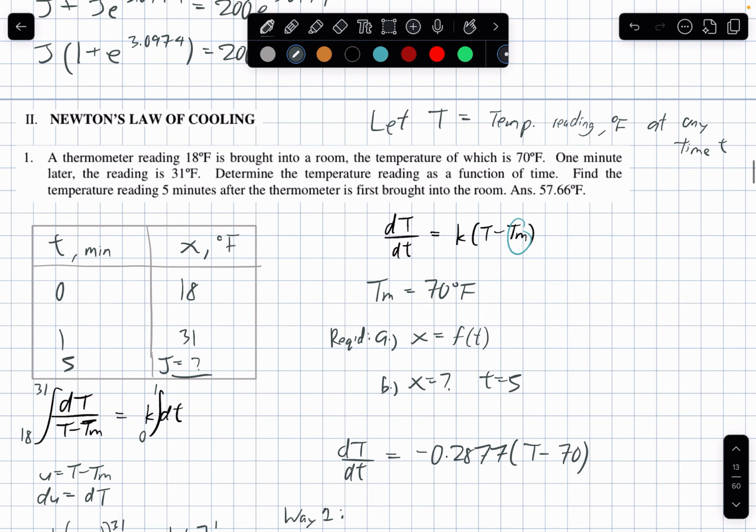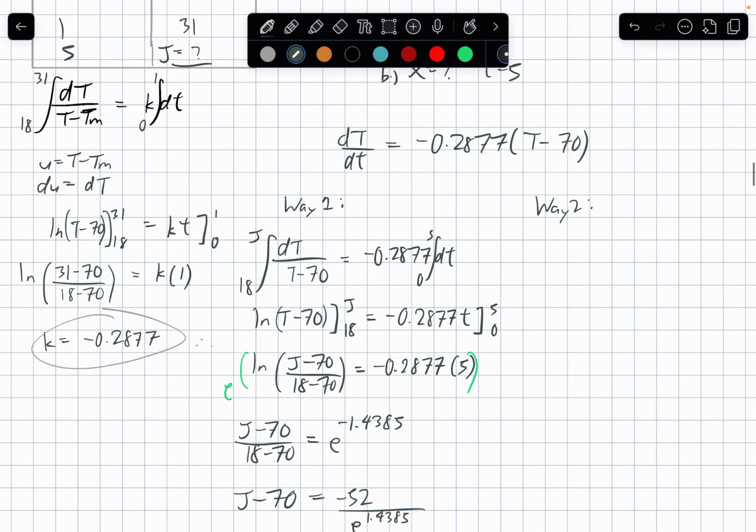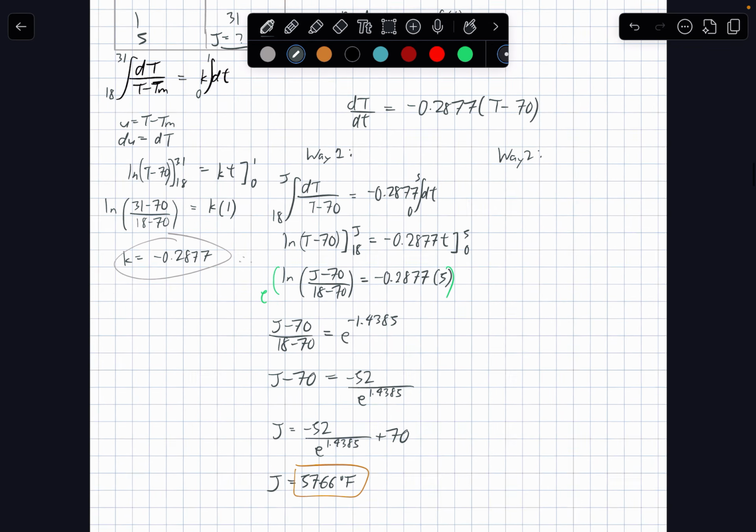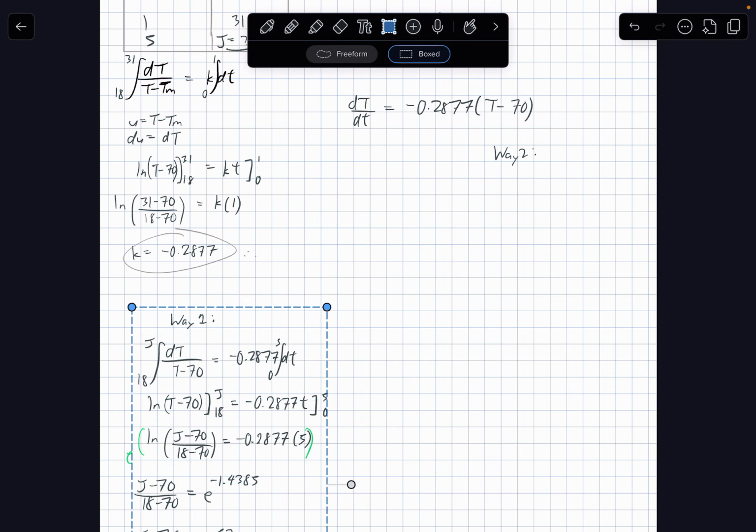So we got the answer, no? 57.66. So that is the first method. Another way to solve it is making use of the indefinite integral.